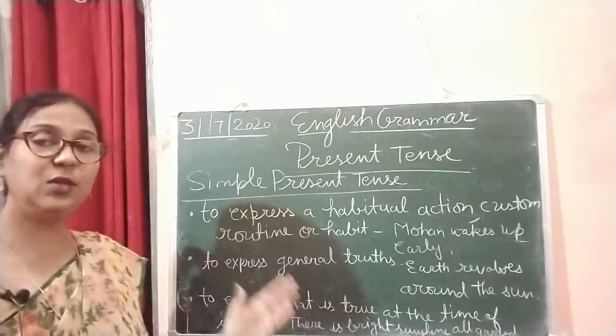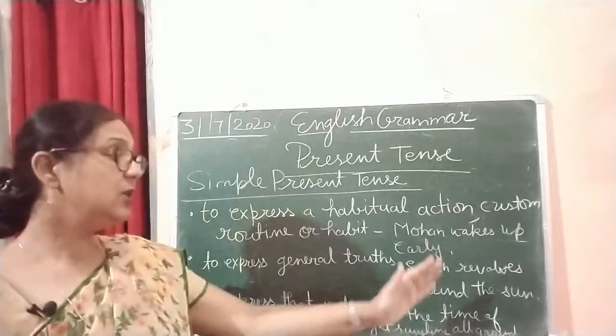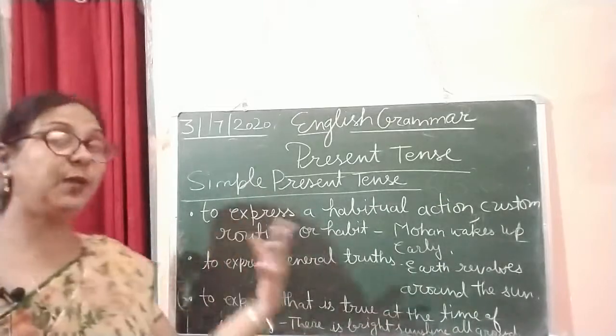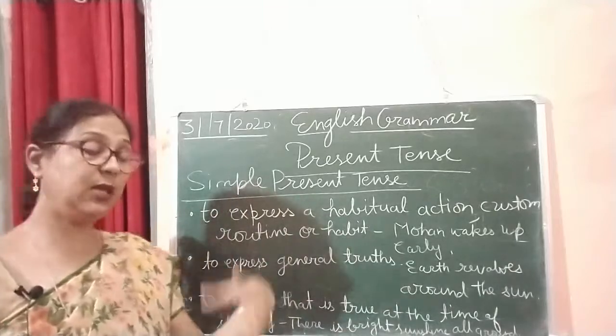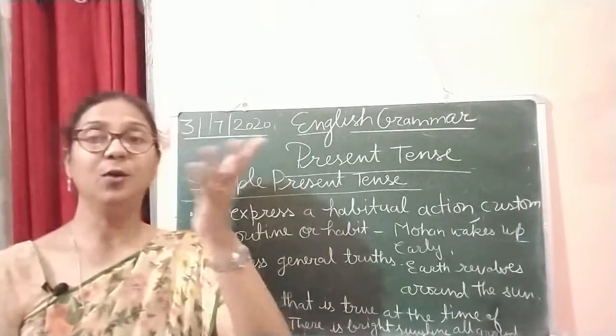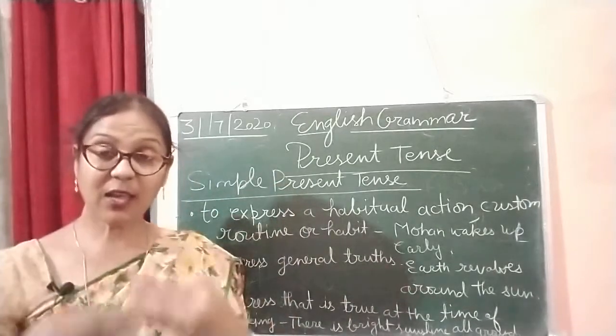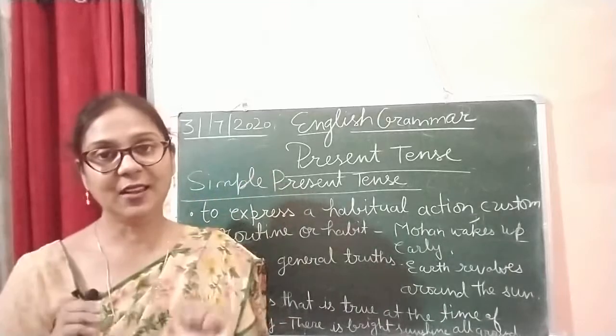Now we are moving to the third point, to express what is true at the time of speaking. For example, there is a bright sunshine all around. So we are talking at a particular time, in the present time, about the scenery.